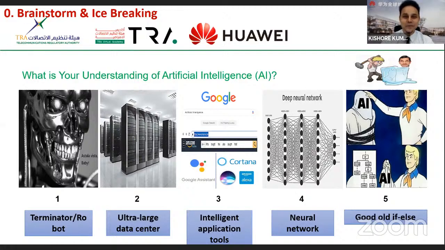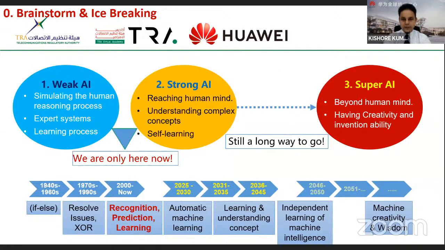I'm guessing that you might be picking different answers. Could be 3, could be 1, 2, 4, or 5. But let me tell you, there is not only one correct answer. It could be the first, second, third, fourth, or fifth. Why so? The very definition of artificial intelligence depends on the era we're talking about.